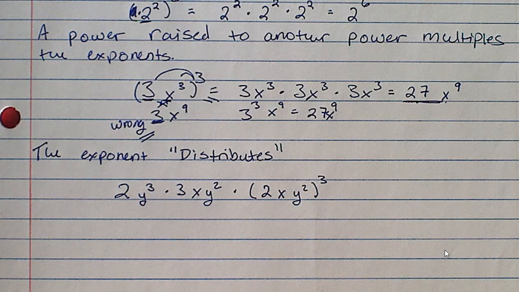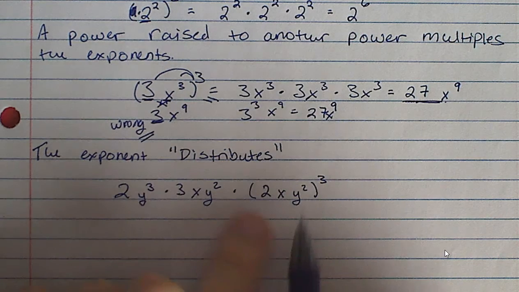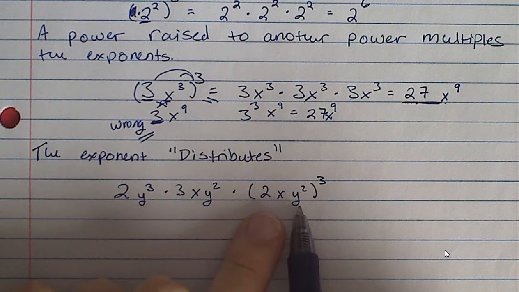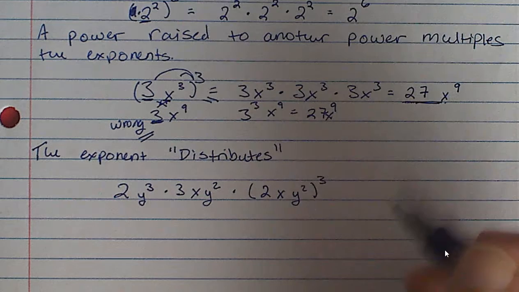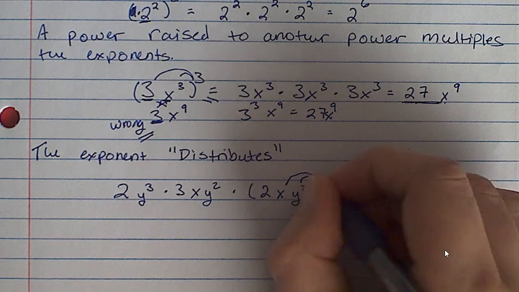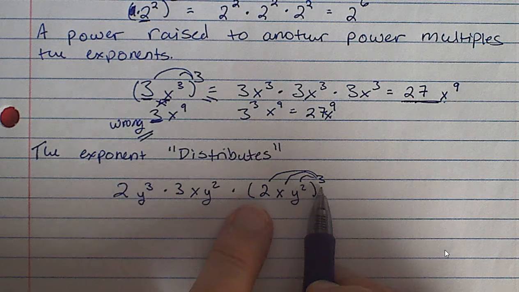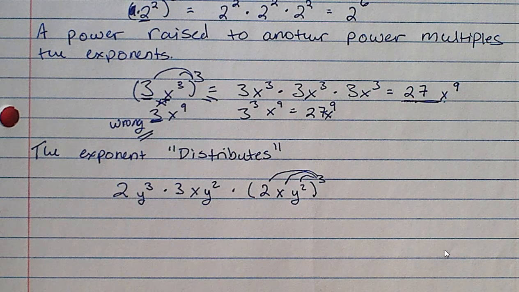Thank you. All right. So let's do this one piece at a time. Let's look at the new piece over here. I'm going to take this exponent and distribute it to everything inside. First I'm going to find out what 2 to the third is. 2 to the third is 2 times 2 times 2, which is 8.